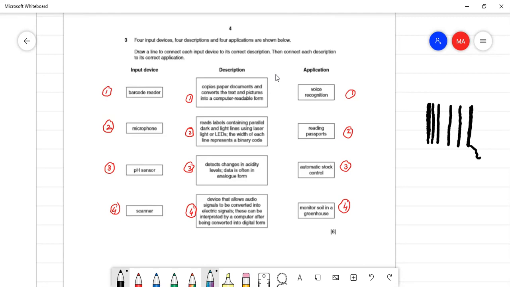Now, a dark black line or vertical bar line represents the value 1, while a white vertical bar line represents the value 0.